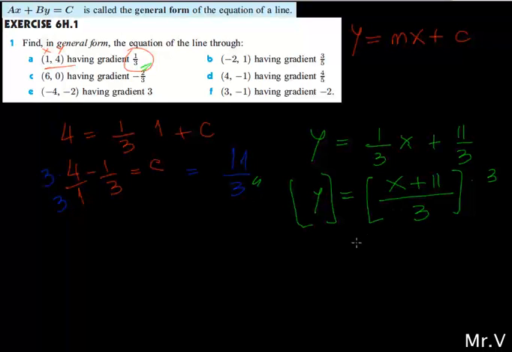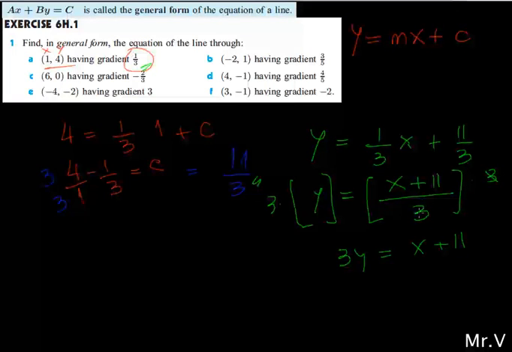So at the end you will have 3y equals x plus 11, because here you simplify those threes. And the last step is just to move y from the left side to the right side, or vice versa.